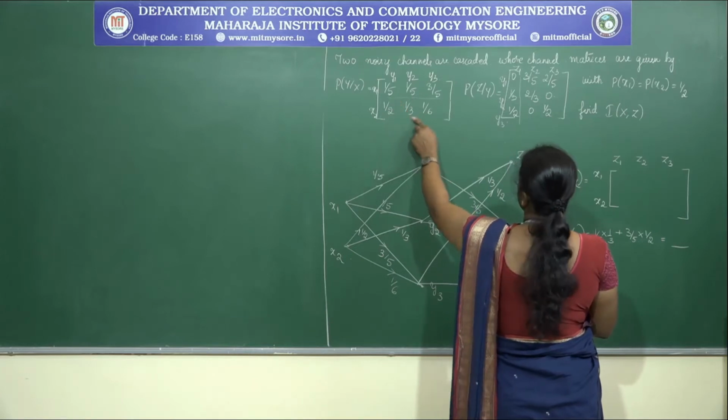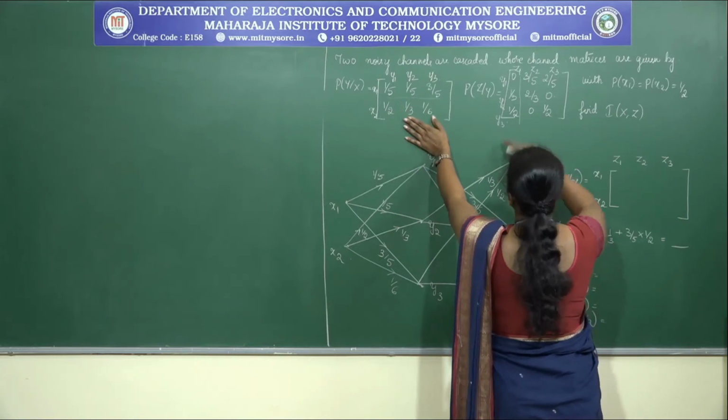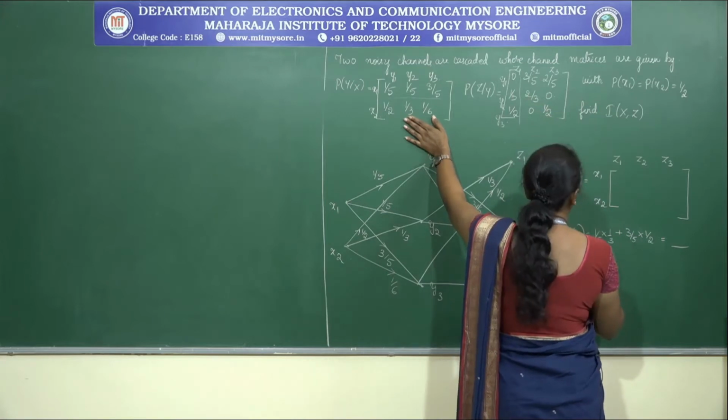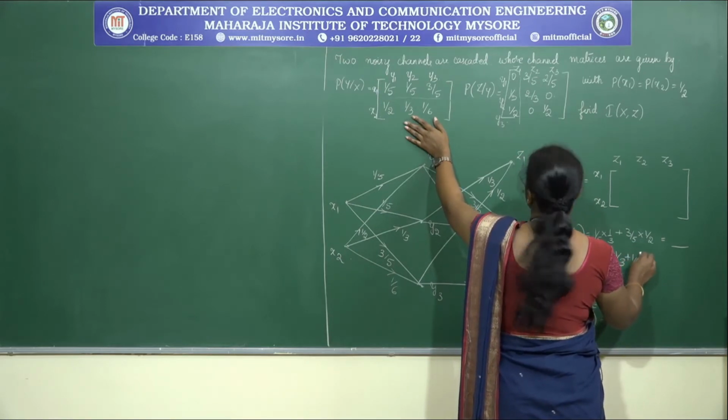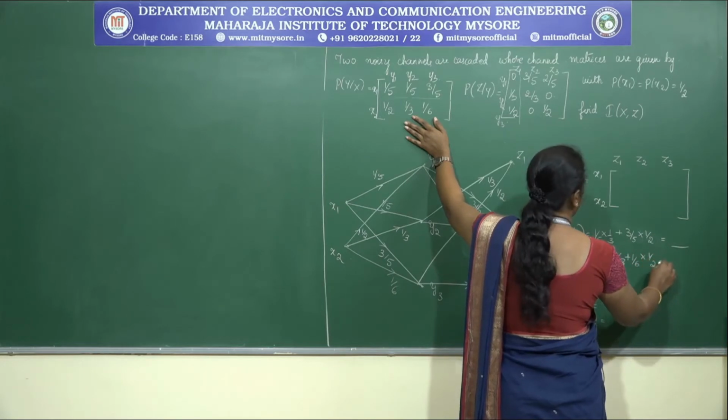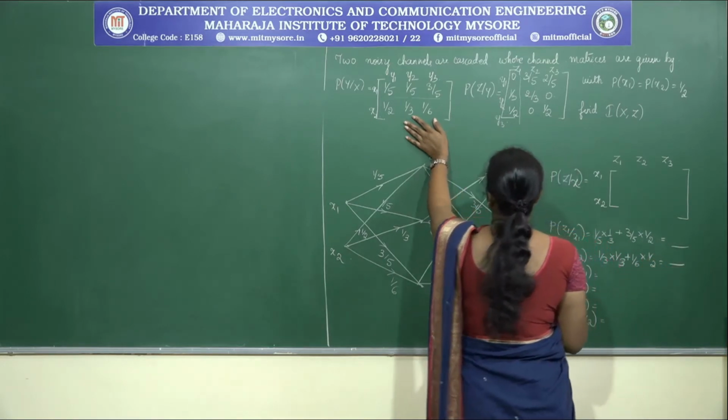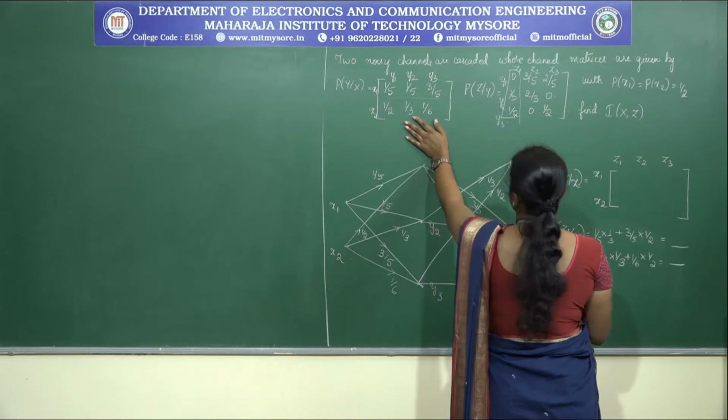Then we have P of z1 by x2, so that is this one. So first it is 1 by 2 into 0 plus 1 by 3 into 1 by 3 plus 1 by 6 into 1 by 2. So simplify. Then we have P of z2 by x1.